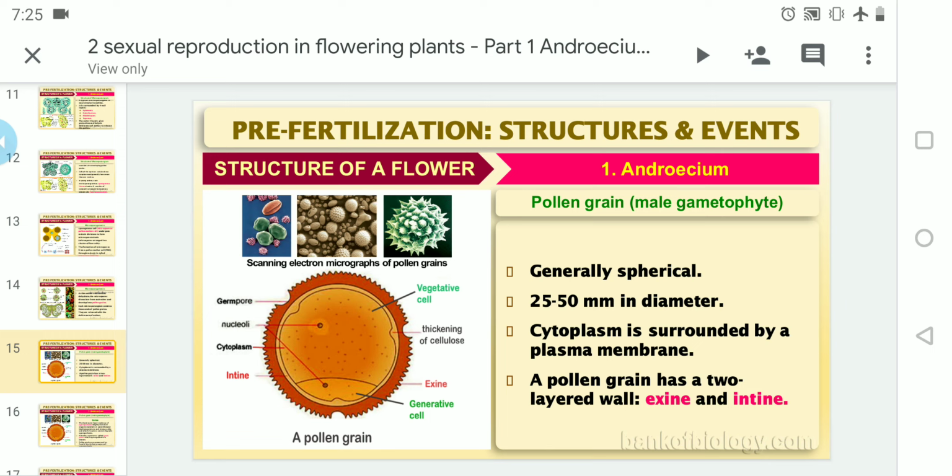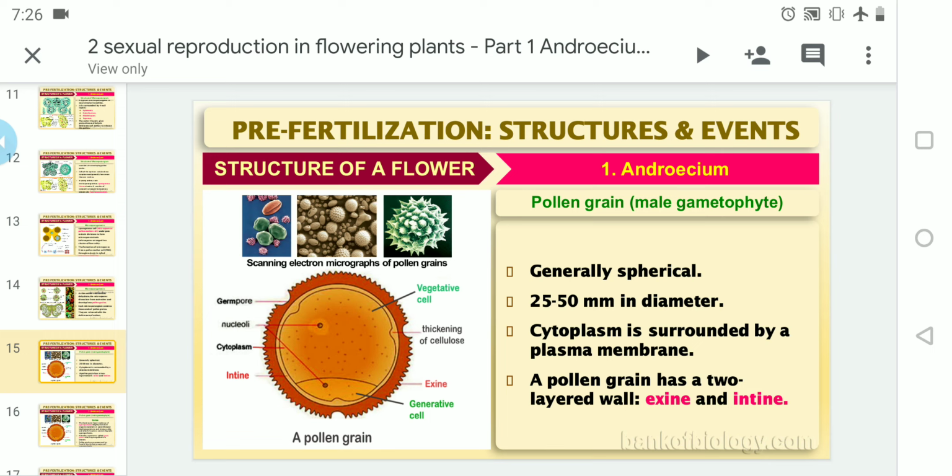They have given scanning electron microscopic photographs of the pollen grains. It is a beauty of our plant kingdom. Based on these structures also, botanists have made different types of designs.